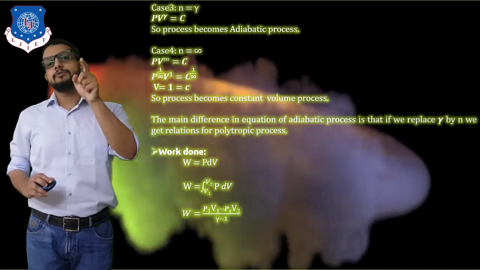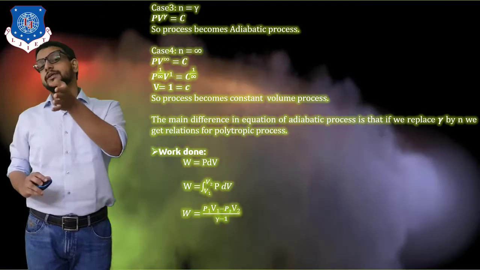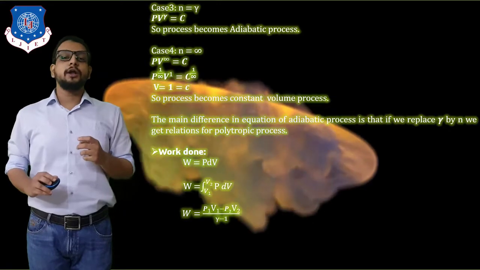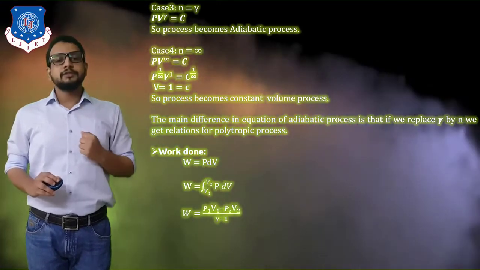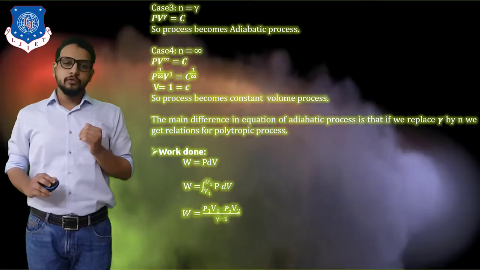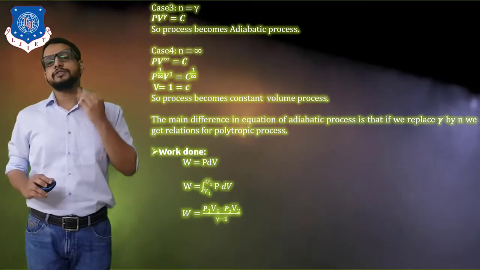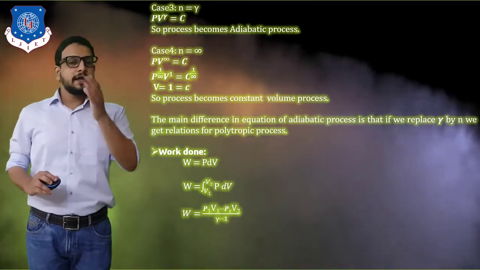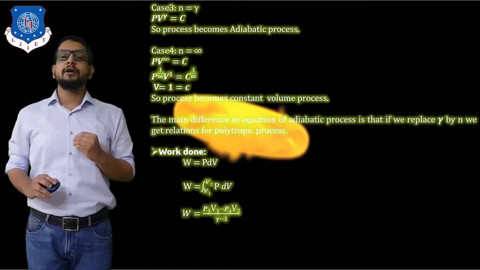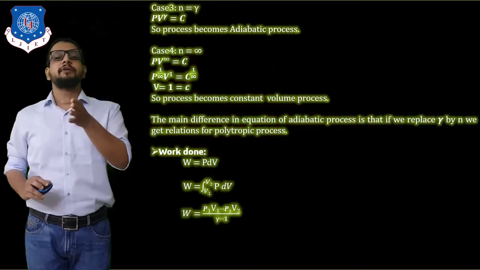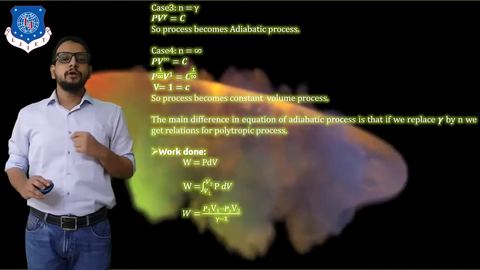So the volume power becomes 1, is equal to C raised to 1 upon infinity. Now we know that 1 upon infinity will be equal to 0. So in the next step it will be P raised to 0 into V raised to 1 is equal to C raised to 0. Now it is again a constant, so it will be equal to 1. So directly we can write that V is equal to C. So the process has been reduced to a constant volume process.